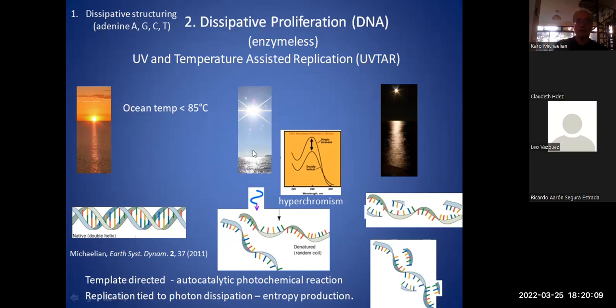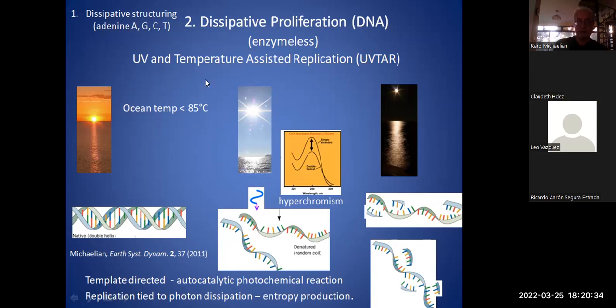But you can imagine, in the afternoon, the ocean surface would have been warmer, maybe about 3 or 4 degrees centigrade warmer. And we're also absorbing ultraviolet light on these bases. So the dissipation of these photons into heat can also cause the denaturing of DNA, even though the surface temperature is below the denaturing temperature.